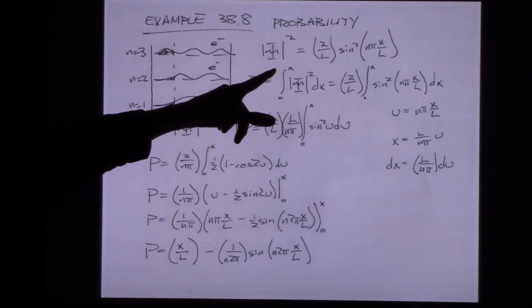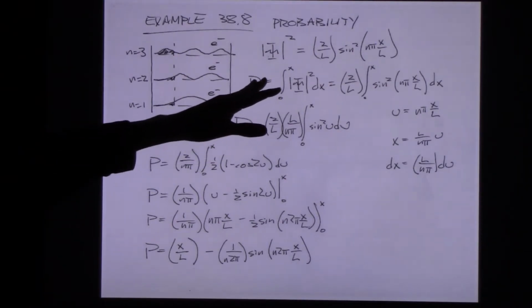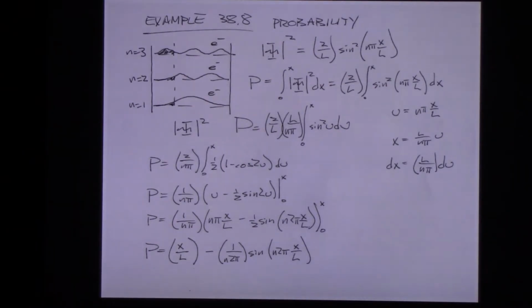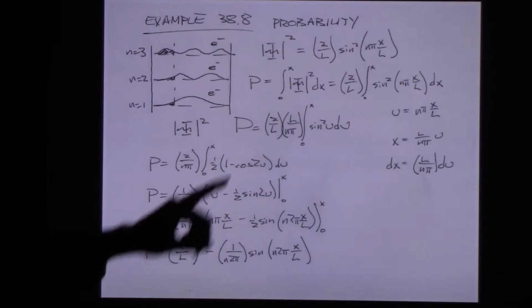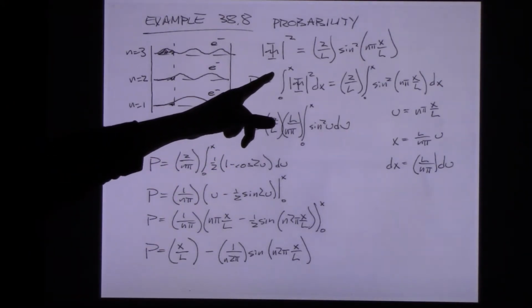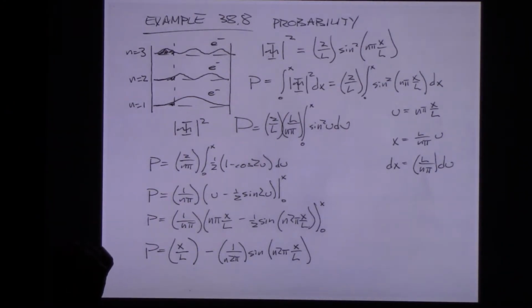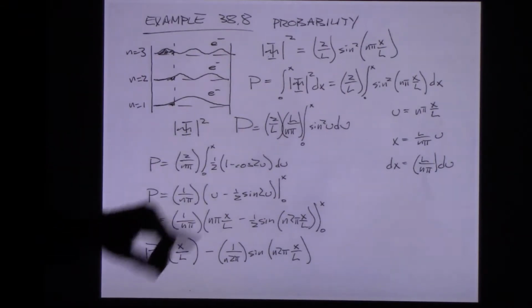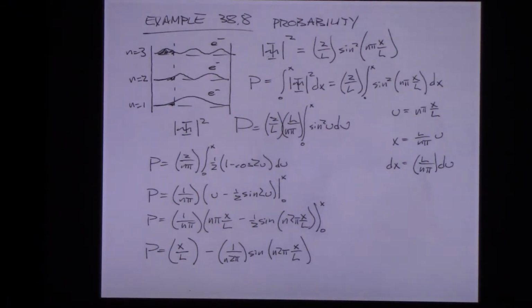Now I also put this in as just x. So I kept this pretty general too. Eventually what the problem is asking us to do is to take that x and set it equal to 1/4 L. So eventually we'll do that.